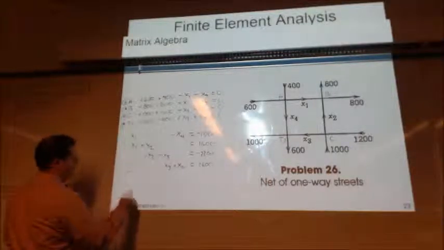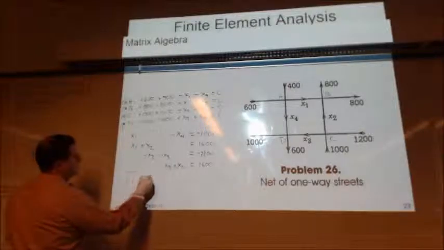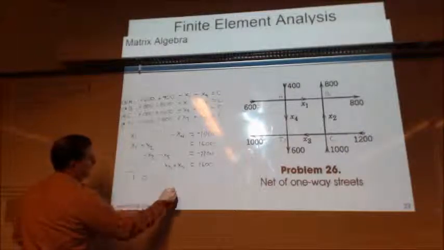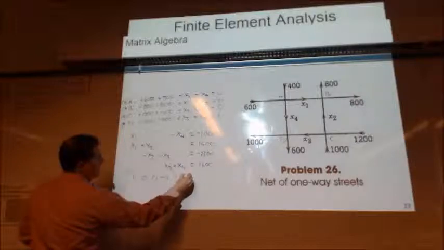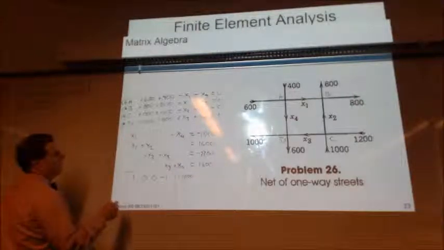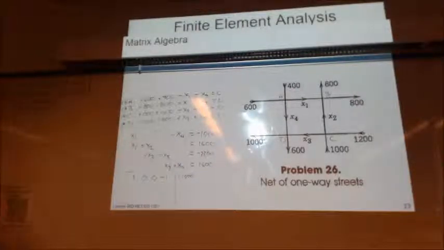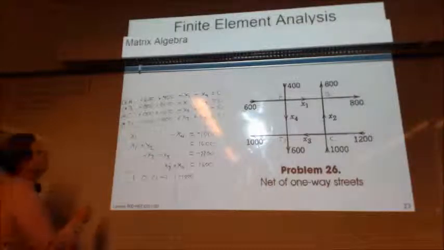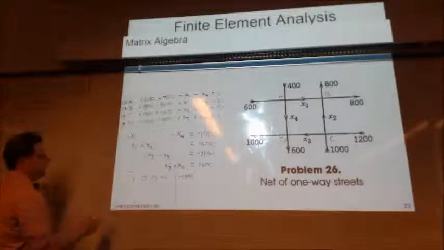So my augmented matrix is going to be 1, 0, 0, minus 1, minus 1,000. No, the next one should be negative. Pardon? X1, the first one should be negative. Oh, yep. Thank you.